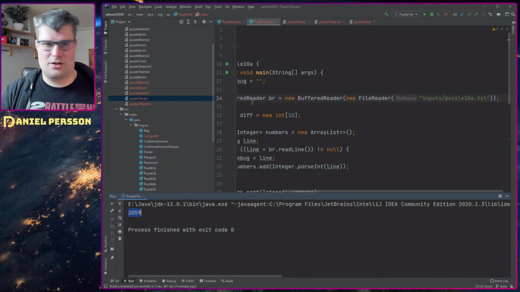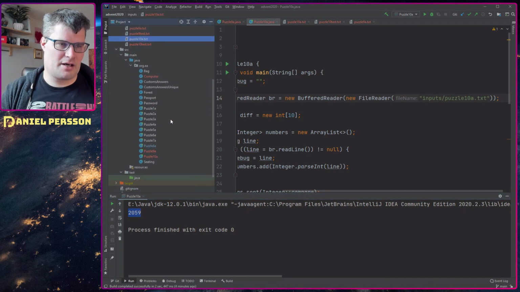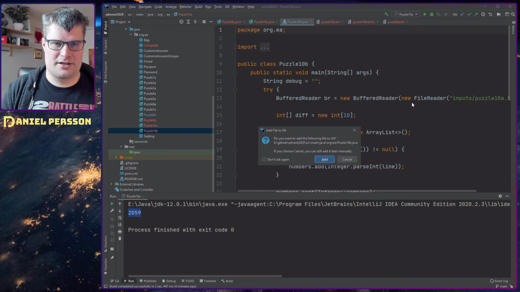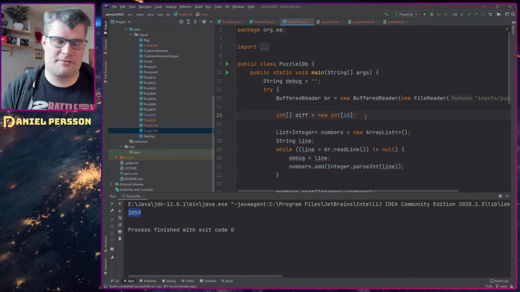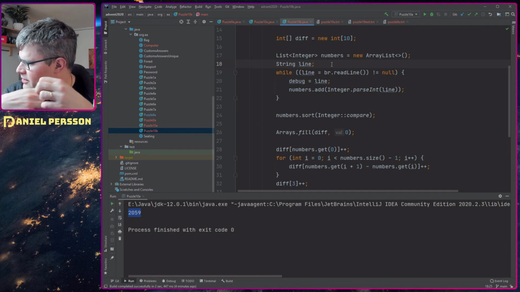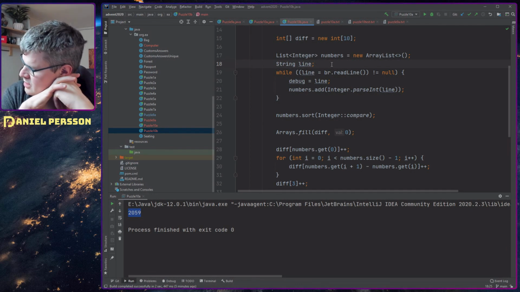I think we need to create a puzzle 10B here. So we can have that. We have the numbers here. So that's a way. There is a way to count this with permutations, I guess.